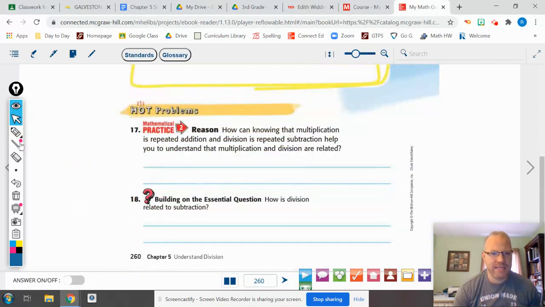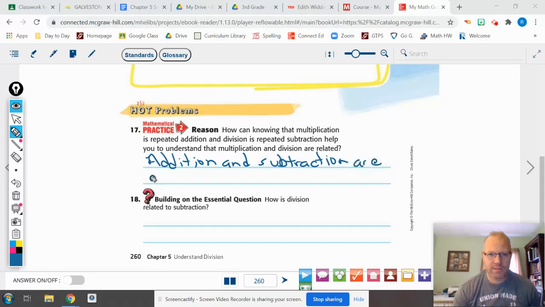Number 17 and 18, challenge problems. How can knowing that multiplication is repeated addition and division is repeated subtraction help you understand that multiplication and division are related? Addition and subtraction are opposites.